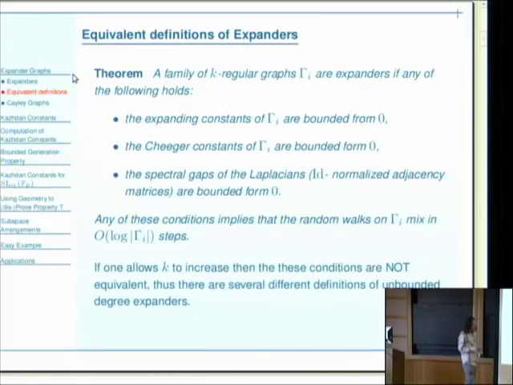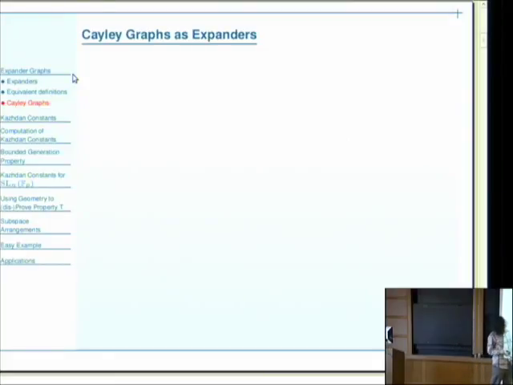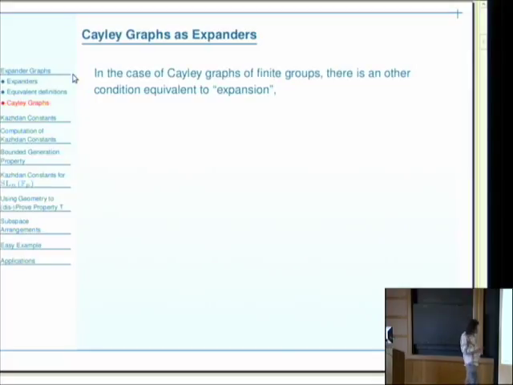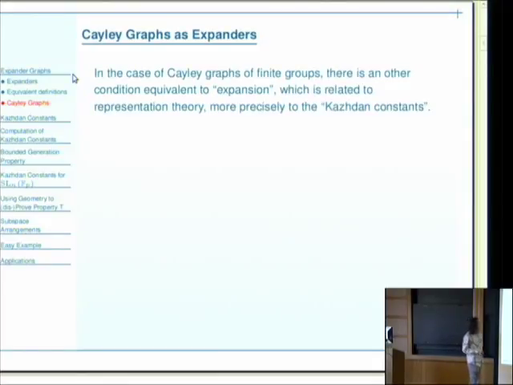Okay, so for me, there is only one way to produce graphs, and this is to take a group and take a Cayley graph of the group. And in this case, there is another equivalent condition, which comes from the representation theory of the group, and this is essentially something related to property T and Kazhdan constants, which I'm going to introduce in a minute.